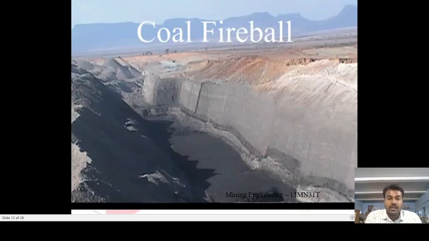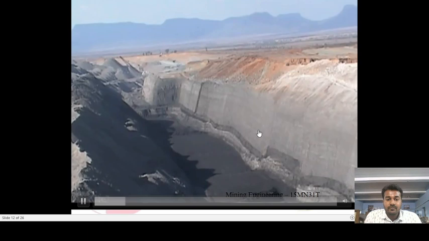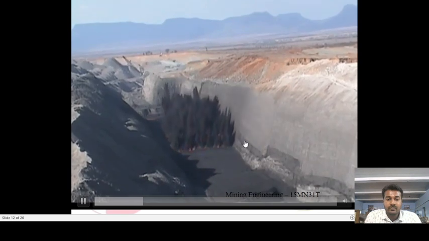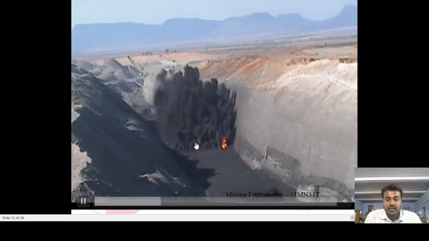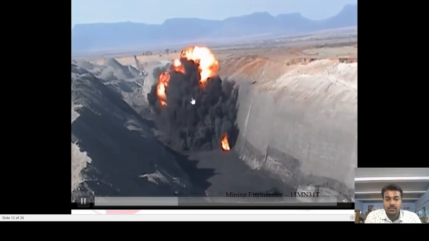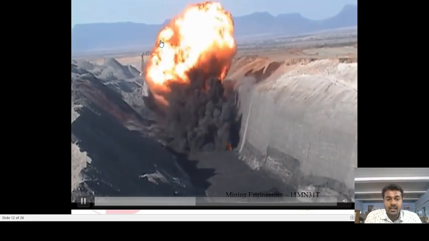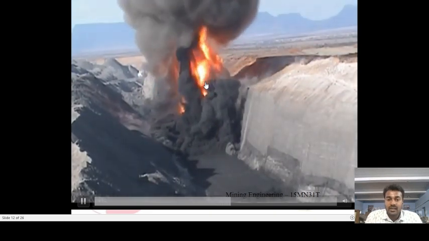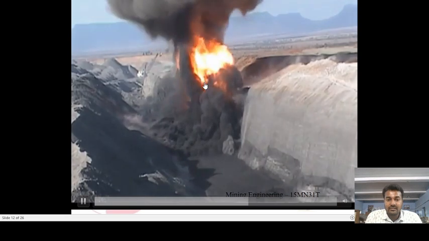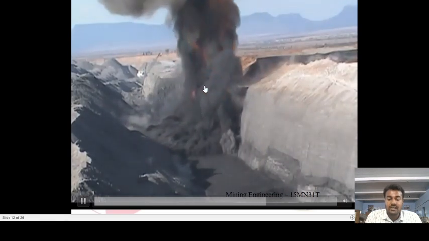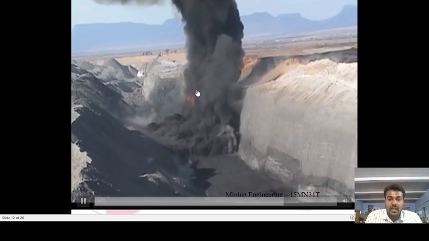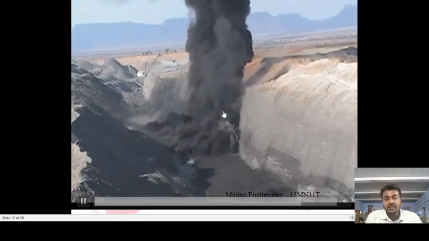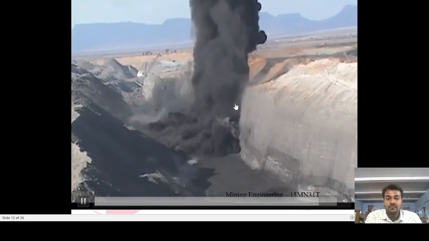Now, let's see this video. Can you see a fire arising out of this explosion? Such a fire, if it takes place where inflammable gases such as methane or coal are present in coal mines, could lead to a disaster for the entire mine and loss of men and machinery.